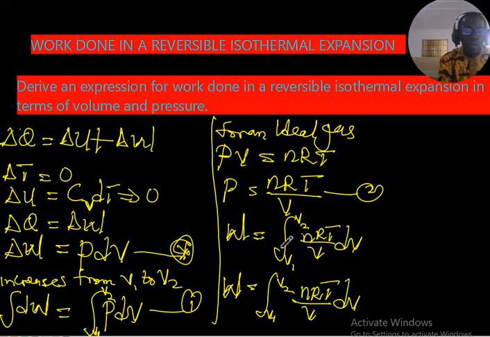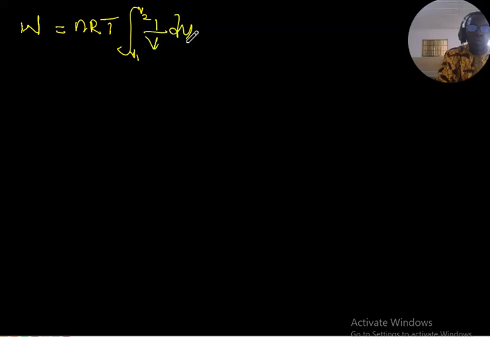Now all I need to do is bring out the nRT, because it is a constant and I cannot integrate volume with respect to it. So the work done, W, equals nRT times the integral from V1 to V2 of 1 over V dV.